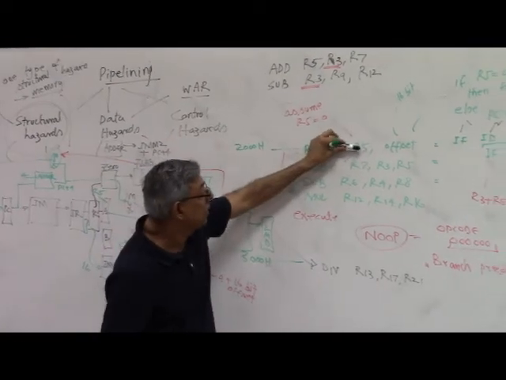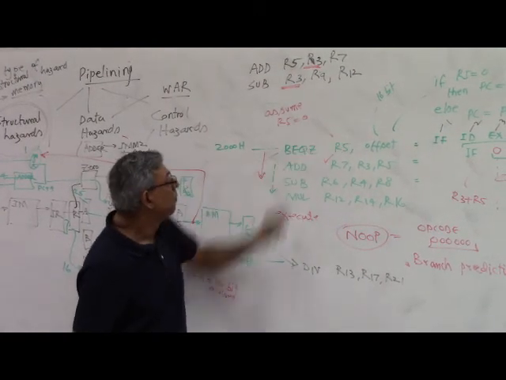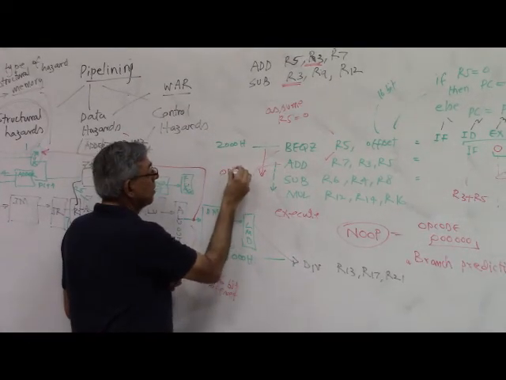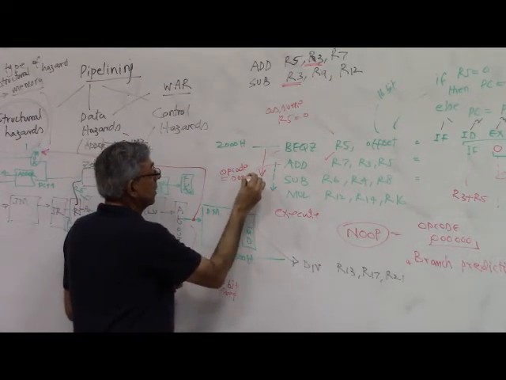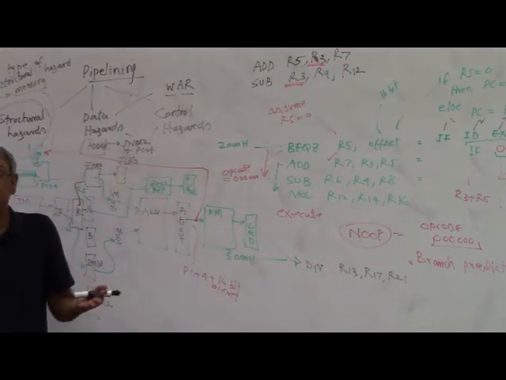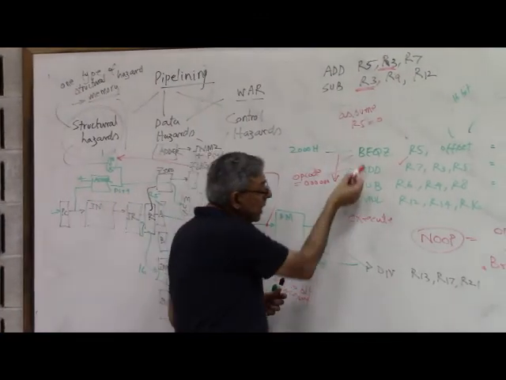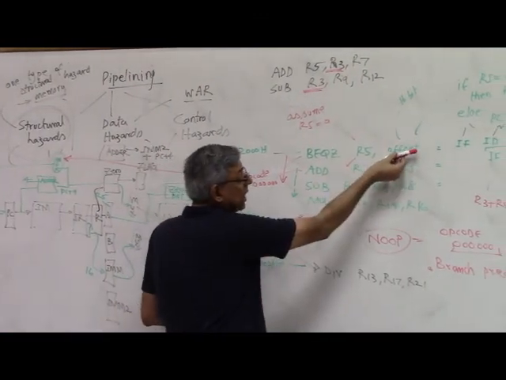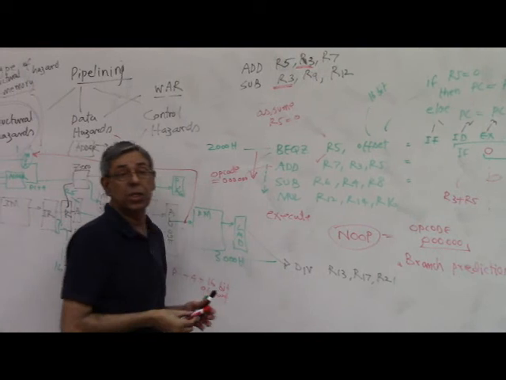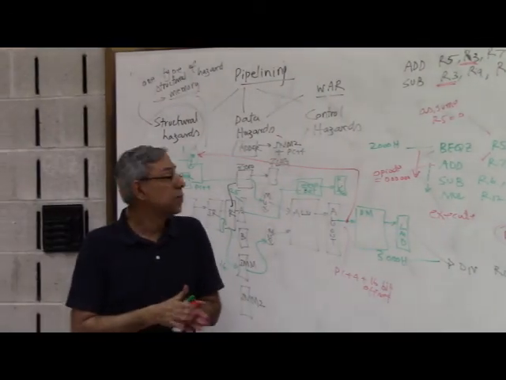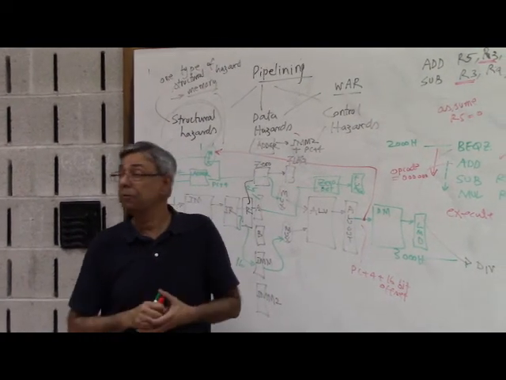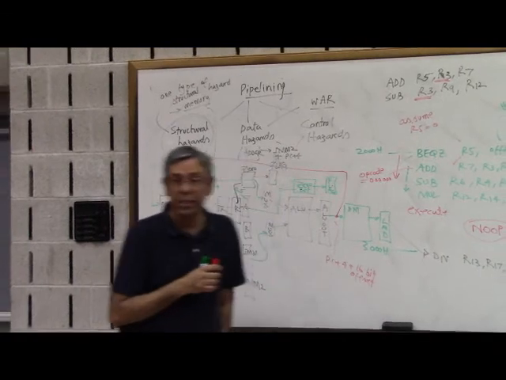As soon as we find out we made the wrong decision, we change the opcode for this to 000. We still let it continue, but it will not do anything, it will not modify any register. And now the next instruction automatically, because by that time we have updated the target address, becomes this instruction, as I will show you next time. This way we can avoid any delay in our pipeline. All right, so we'll continue from this point.